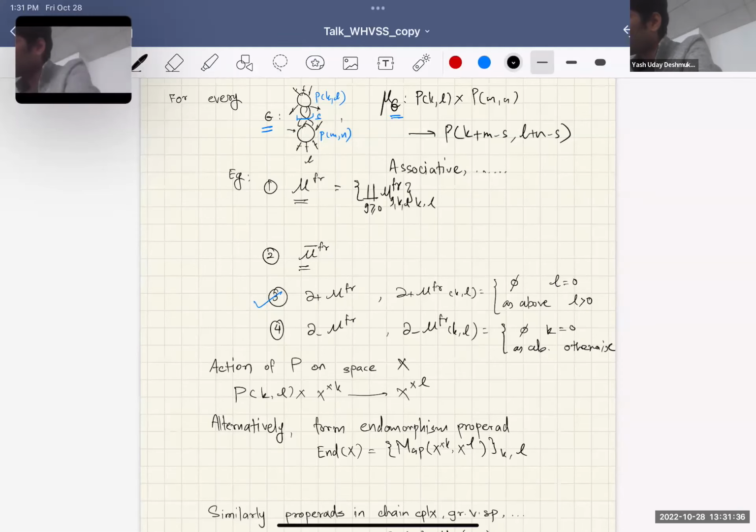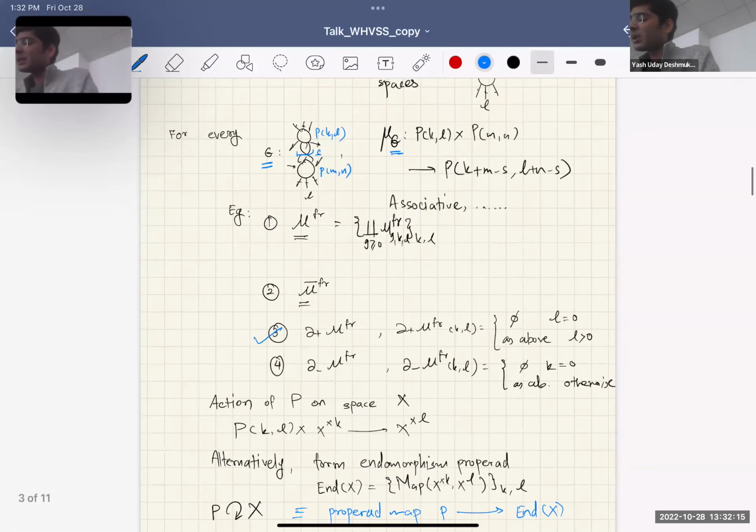So this is the endomorphism properad associated to X, and an action of P on X is basically equivalent to a properad map from P to End X. Namely, you just get a properad morphism into the endomorphism properad of your object. Okay, so this is the action of a properad on a space.